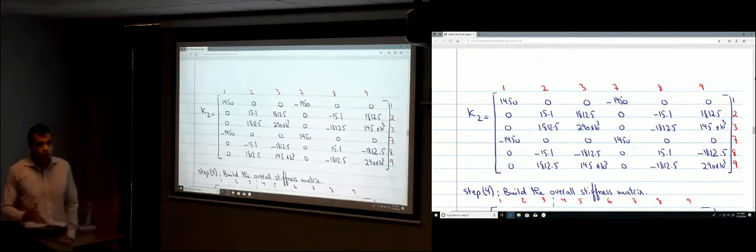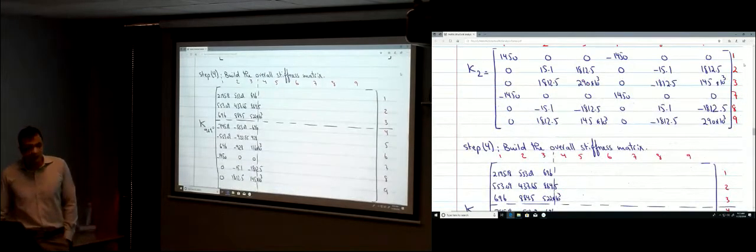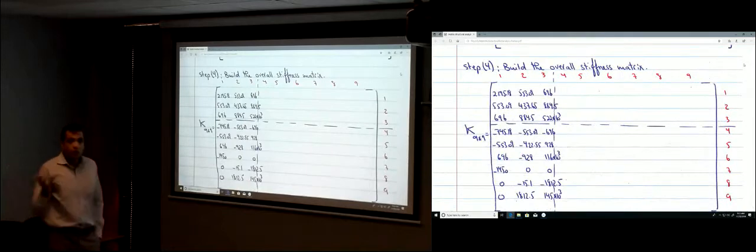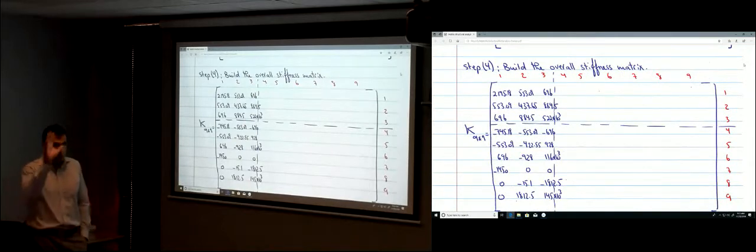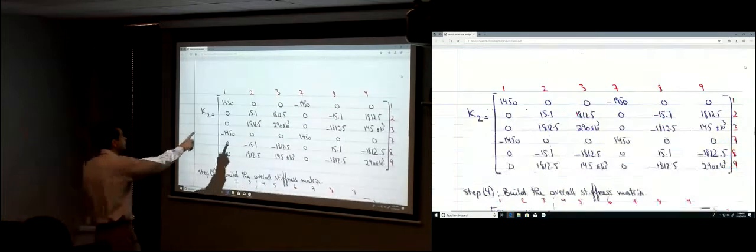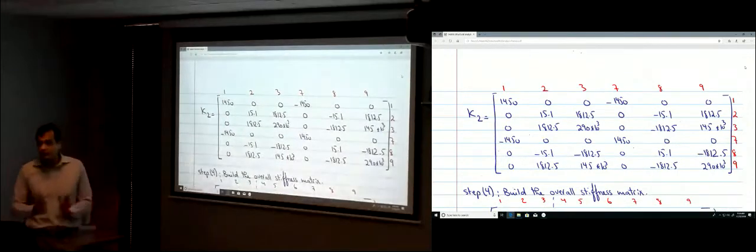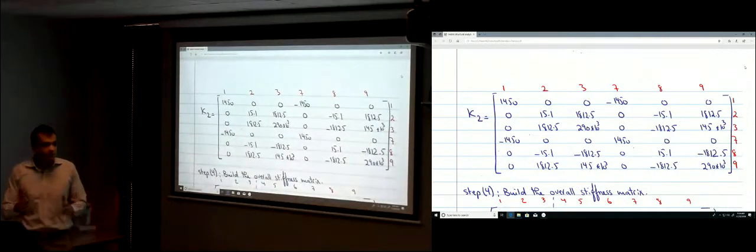And then from those, I'm just going to go quick on this step because you know how to do this. K, the overall stiffness matrix, you build from mapping the elements, from K1 and K2 from each member. You have here 9 degrees of freedom. You label those here, and you start mapping the elements to build the overall stiffness matrix. We did this many times for the beam.